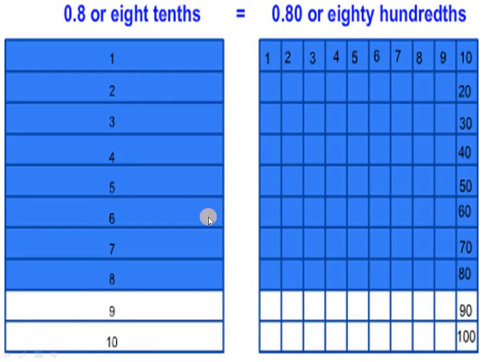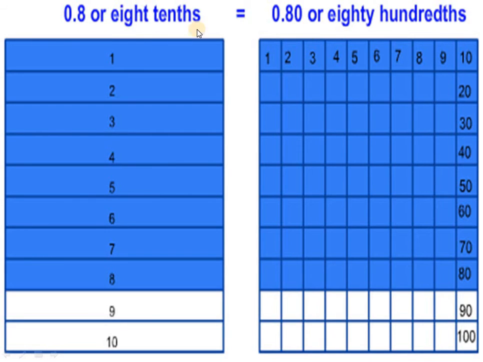Now if you cross-check both, here you colored 8 tenths and here you colored 80 hundredths. Both are equal. That is why it is called an equivalent decimal. If you put a 0 after it, nothing will change. Is anything greater or less? No. Both are equivalent decimals.